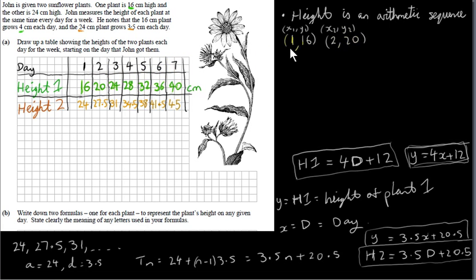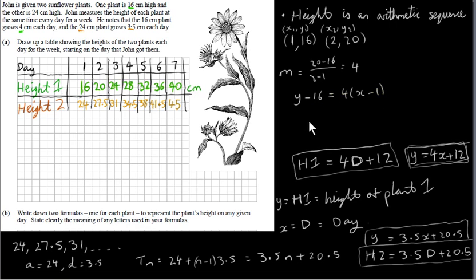So to get the equation of a straight line, we could first get the slope of the line by y2 minus y1 over x2 minus x1. That's equal to 4 over 1, which is 4. Then we can get the equation of the line, which is y minus y1, I put 16 in for y1, equals m, which is 4, times x minus x1. x1 is 1.